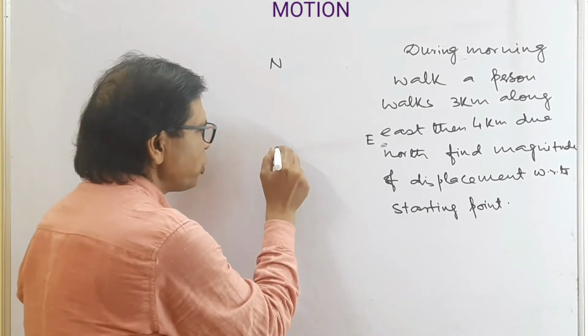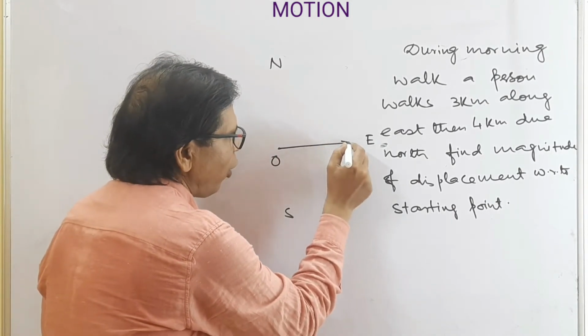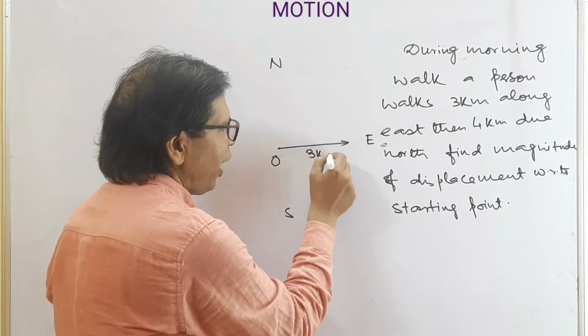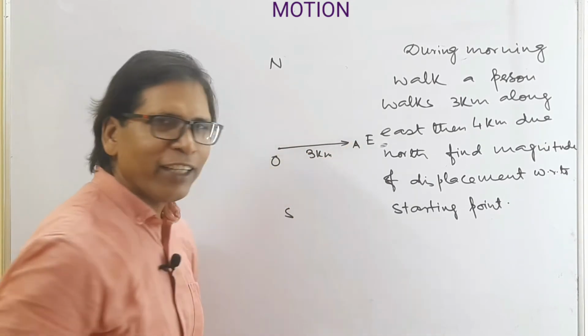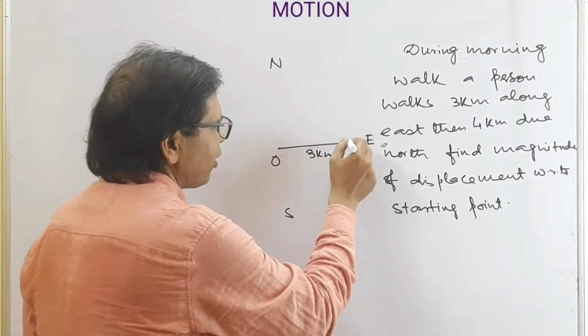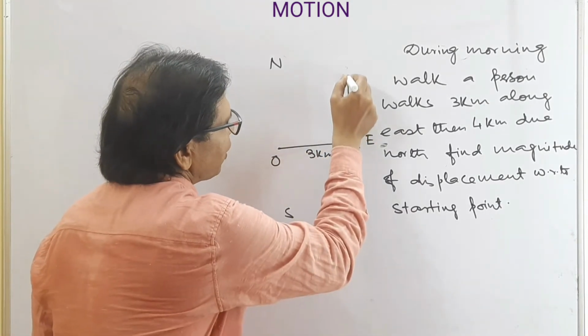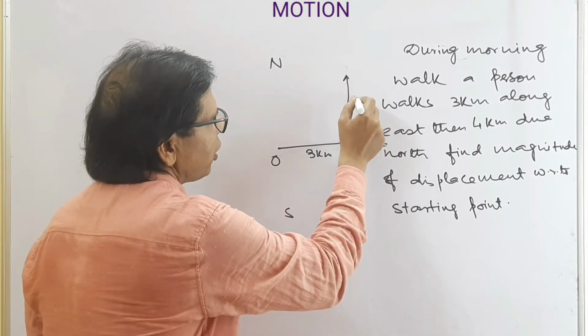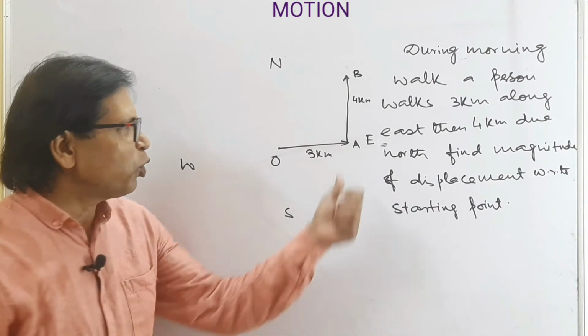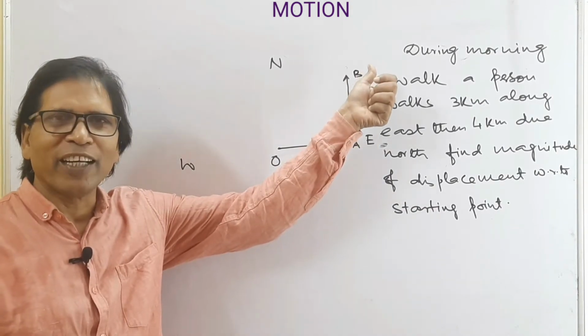The person moves 3 kilometers along east. Suppose this point is A. Then he moves 4 kilometers due north. If B is the final position, AB is 4 kilometers.